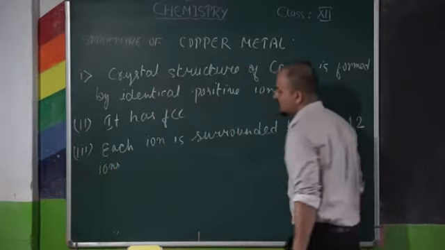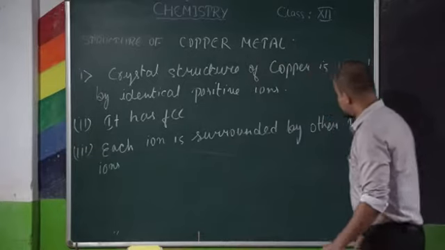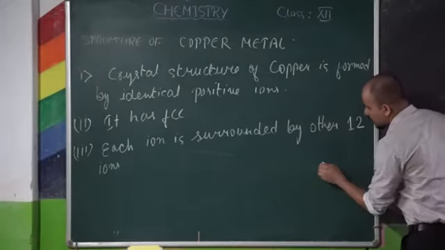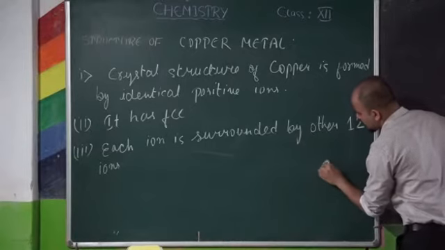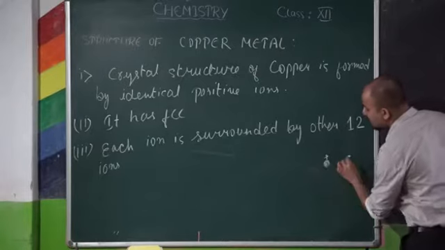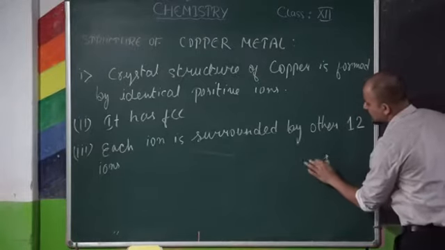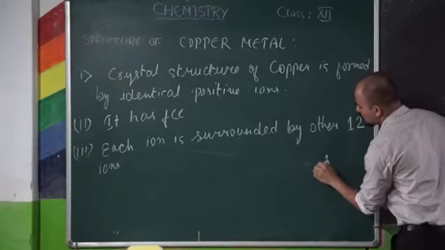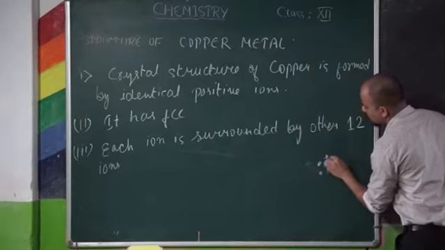Now how are we surrounding this particular ion? In the same plane, suppose this particular ion is lying here. This is the positively charged ion. Now in the same plane, it will be having 6 more: 1, 2, 3, 4, 5, 6.